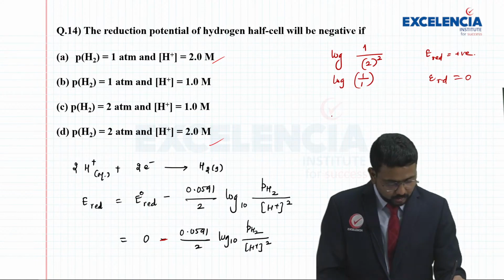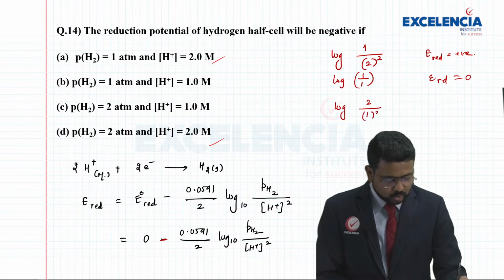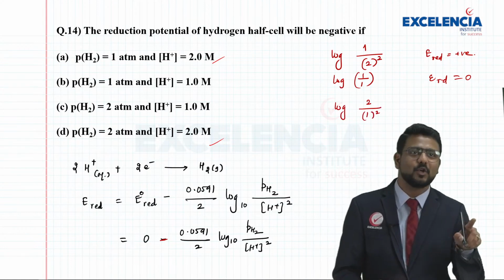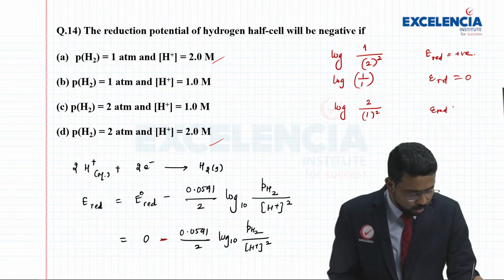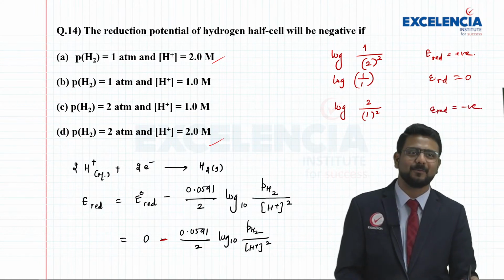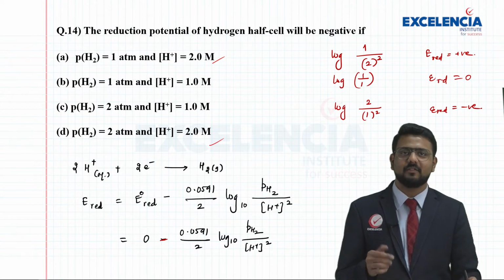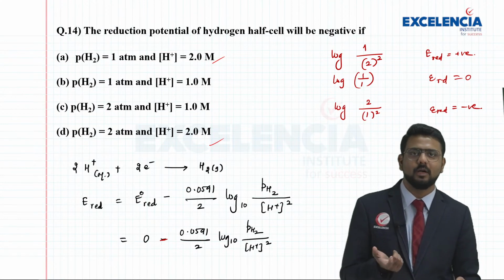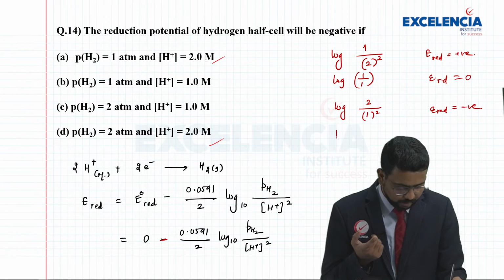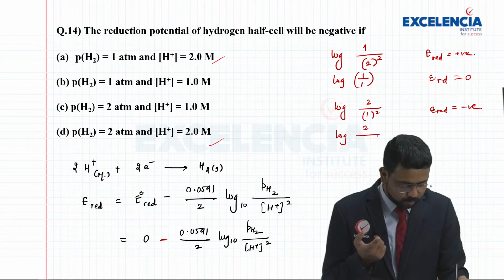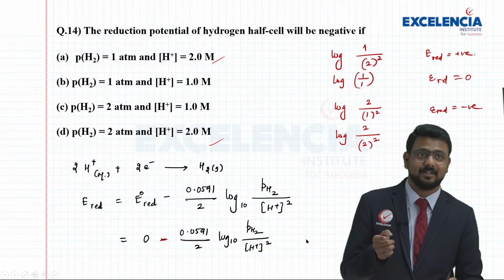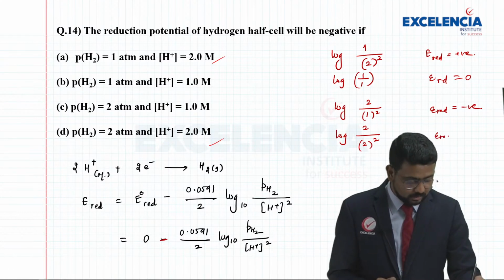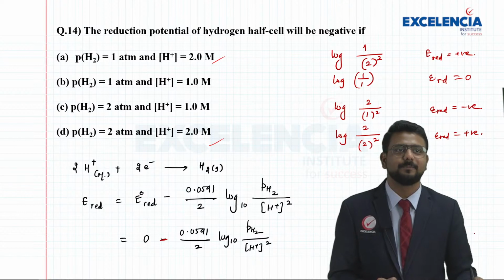Option C, if you see, log of 2 divided by 1 squared, definitely this log value is going to be positive, and if this log value is positive, your overall E reduction without any doubt will be negative, right? And let us confirm option D also. Here you are given hydrogen pressure as 2, but H+ ion concentration is also 2, which is squared. So again here the denominator is higher. So overall E reduction in this case also is going to be positive, correct?